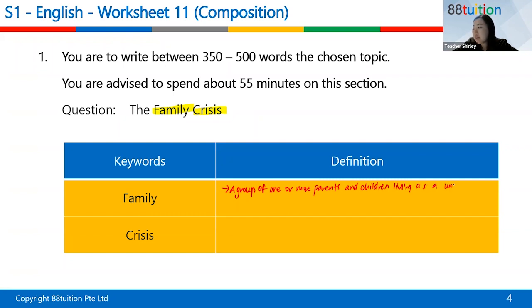I guess the reason why they say one or more parents is because in some family units they actually have parents who are divorced, right? So then it's one or more. But then again, I think this definition is a little bit confined. Okay, this is the standard Cambridge Dictionary definition. It's a little bit more confined because I feel like there are a lot of different family dynamics nowadays.